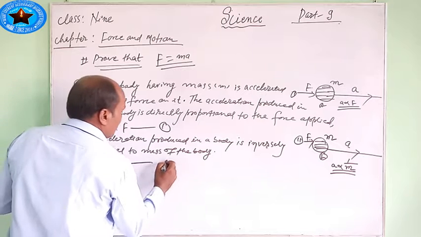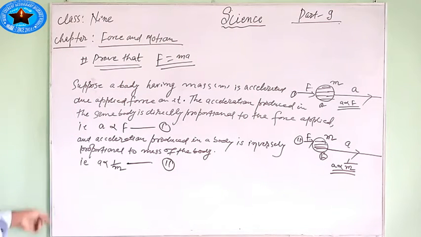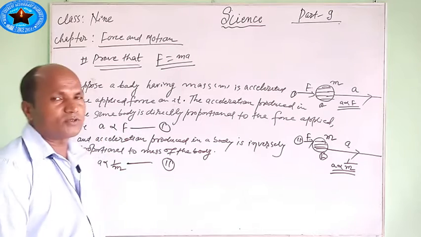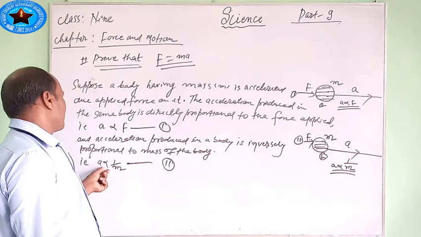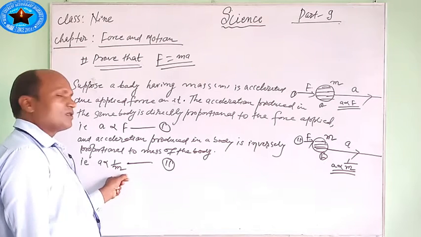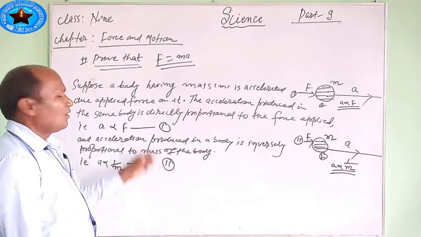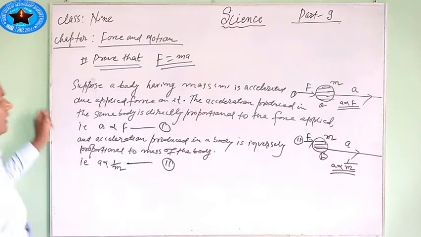This is equation 2. The acceleration produced in a body is directly proportional to the force applied. Acceleration produced in a body, that is A, is inversely proportional to the mass of the body. We get here two equations.